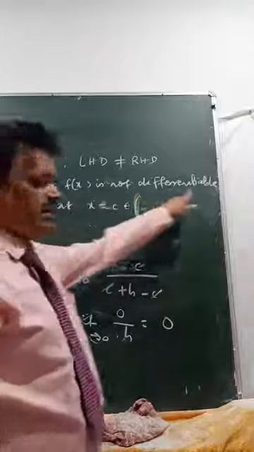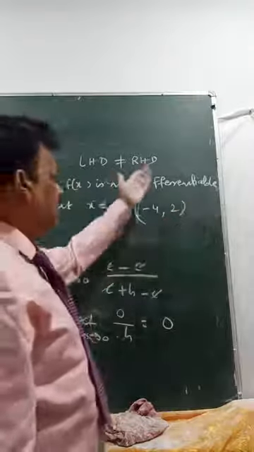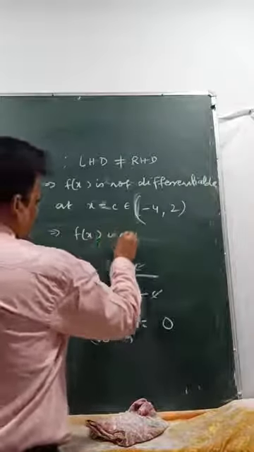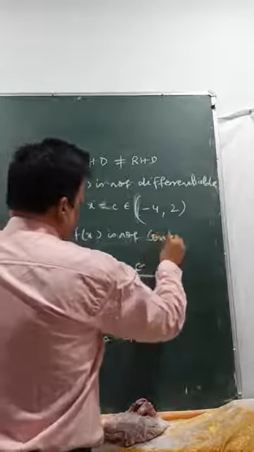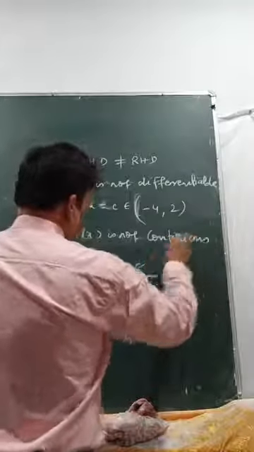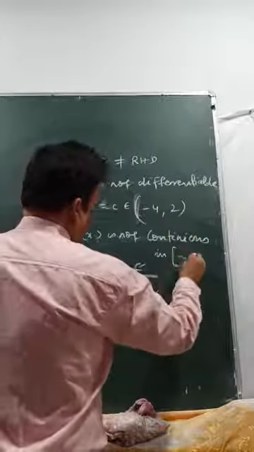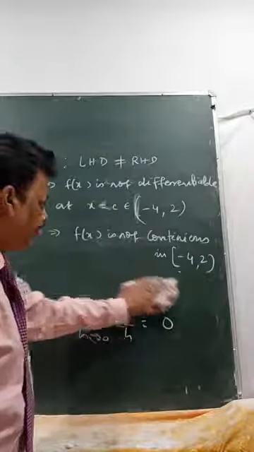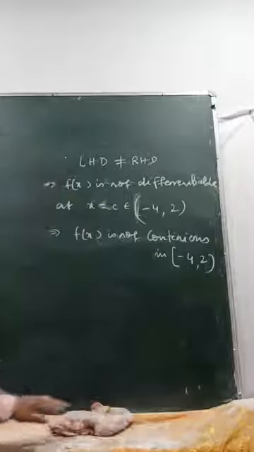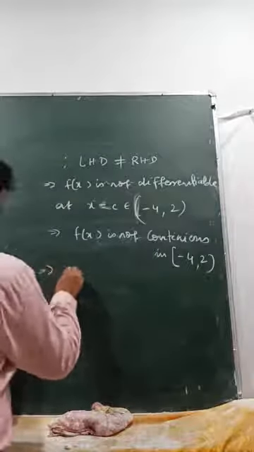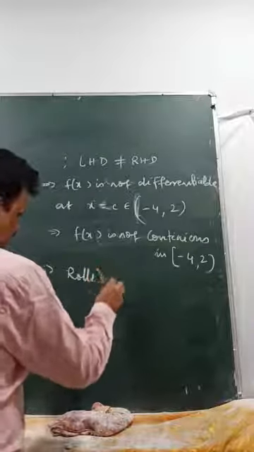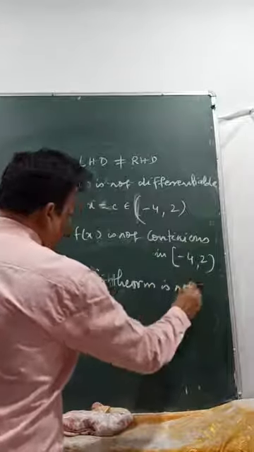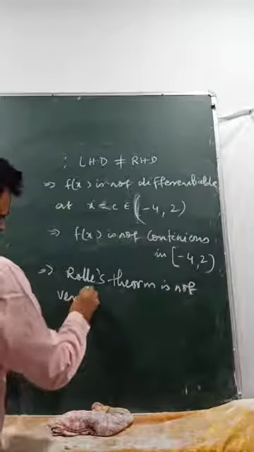Once it is not differentiable, it is not continuous. So neither differentiable nor continuous means Rolle's theorem is not verified. It is not verified.